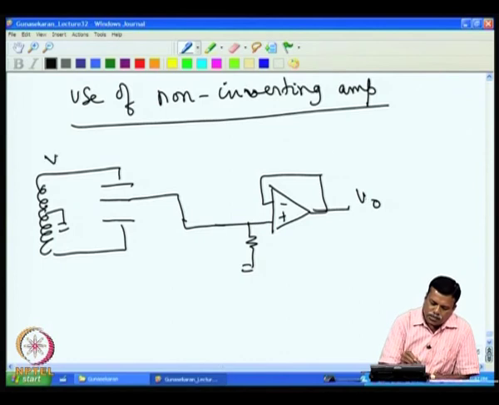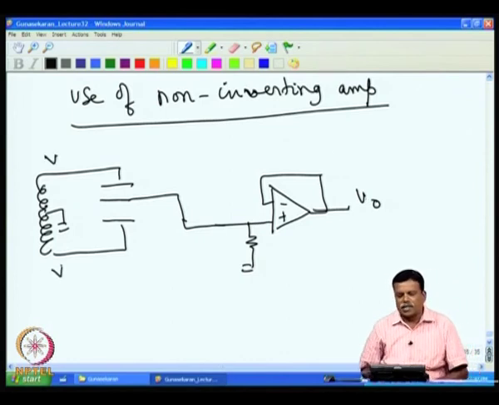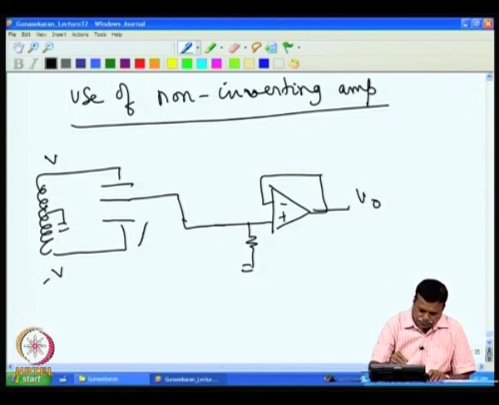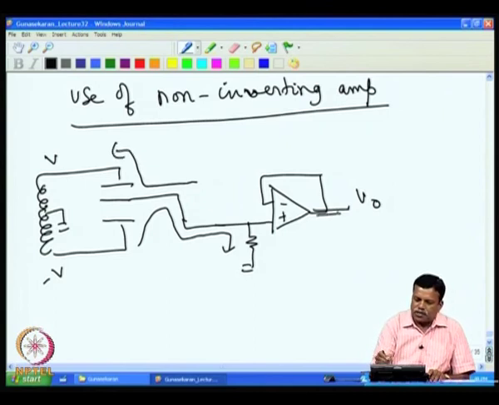If it is a center tap, then one voltage comes as V, one comes as minus V. Then the current flows like this, and this current flows in the reverse direction. So, if both currents are equal, then you will get a 0 voltage.